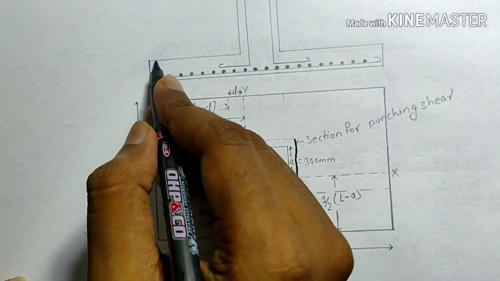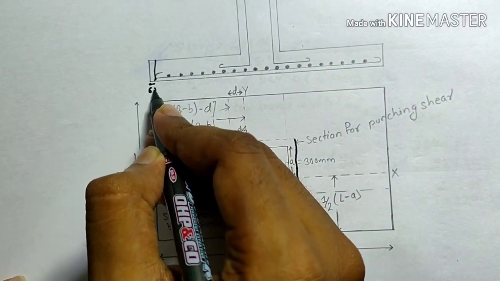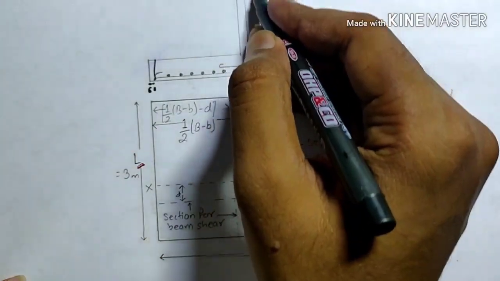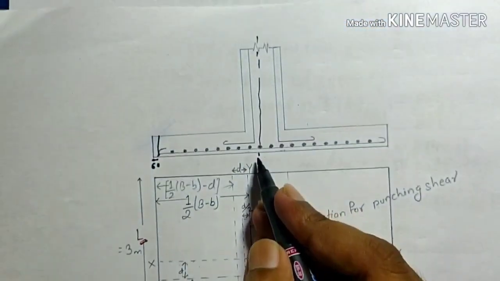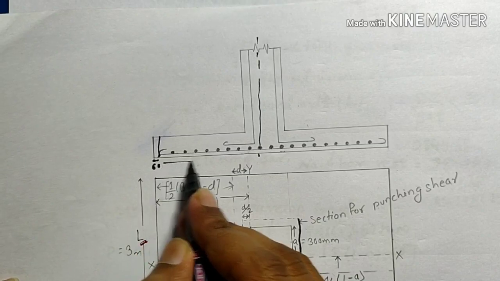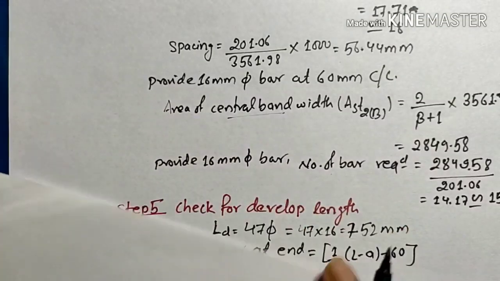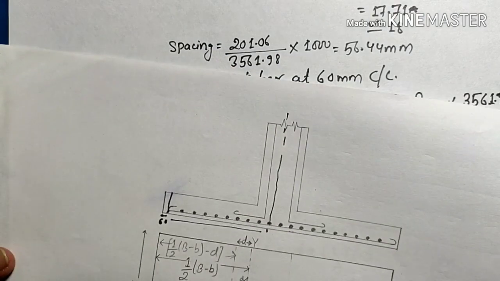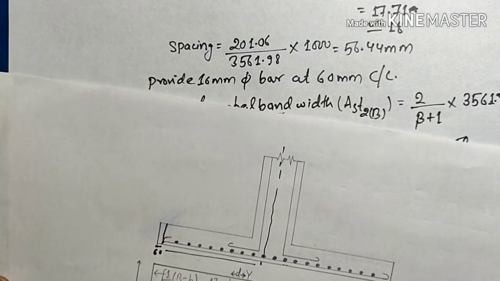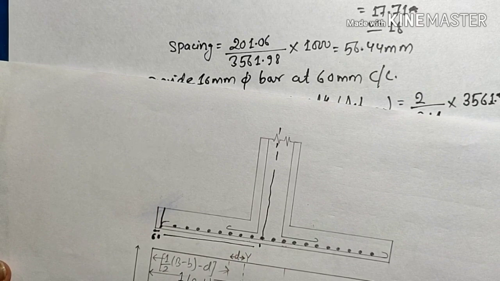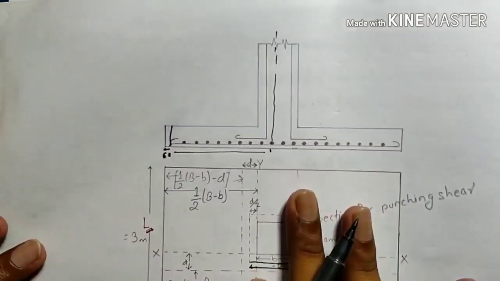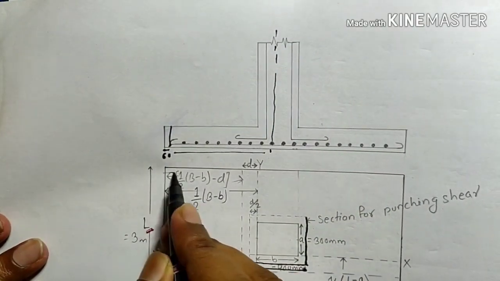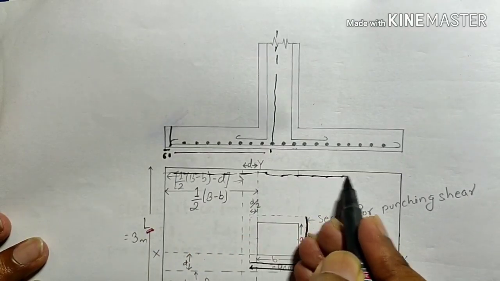We have subtracted this 60 and we're considering half of the span of this column, so this remaining portion will be 1 by 2 times L minus A minus 60, where L means along the y direction, meaning we are removing this portion which is our cover, which is 60 millimeter.